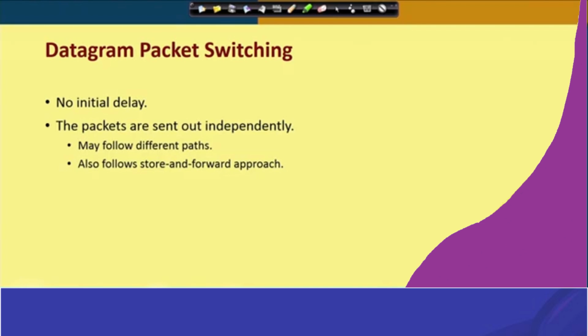But here you have a lot of flexibility. You can share the links. If there are some link failures or link congestion, you can overcome those problems. Because of those flexibilities, this datagram approach is the most widely used approach in the internet today.